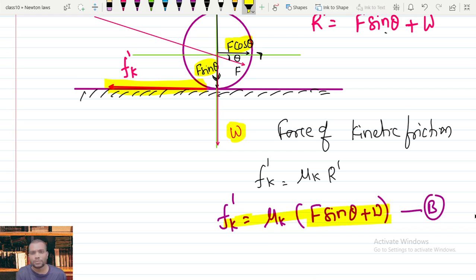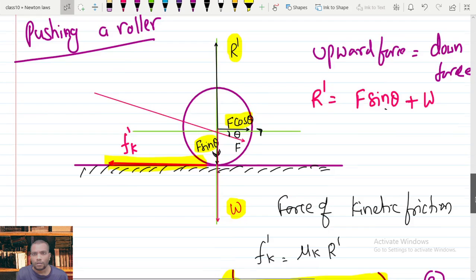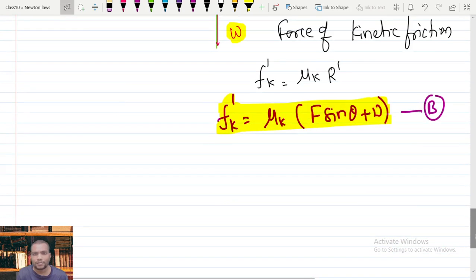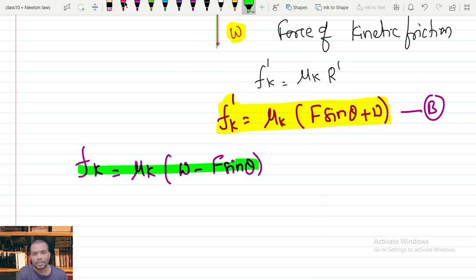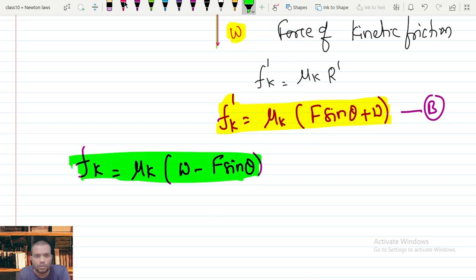If you closely observe equations A and B: equation A is F_k equals mu_k times (W minus F sin theta), in the case of pulling. Notice the difference between the pulling case and the pushing case.